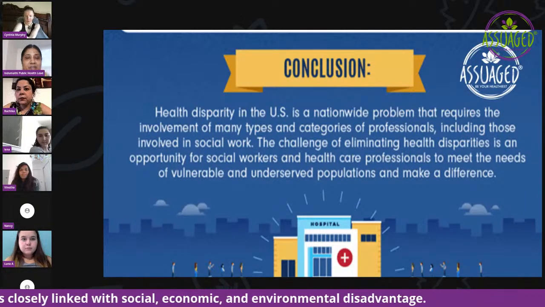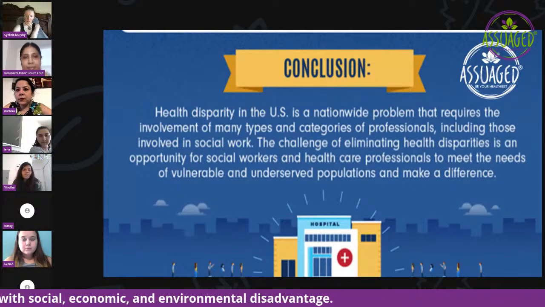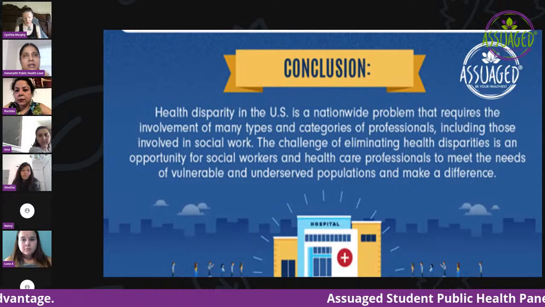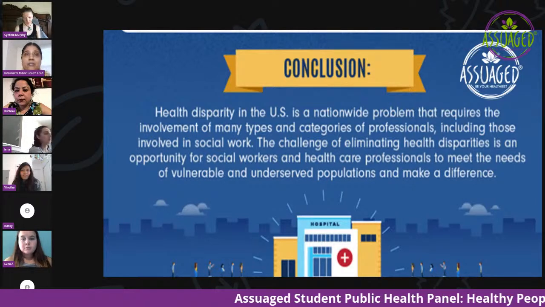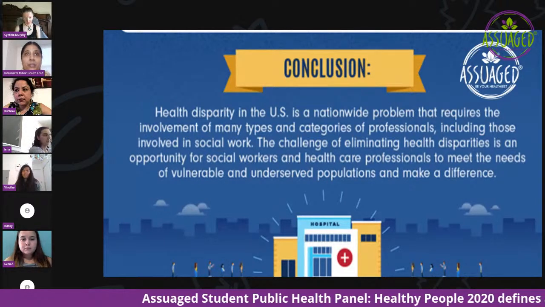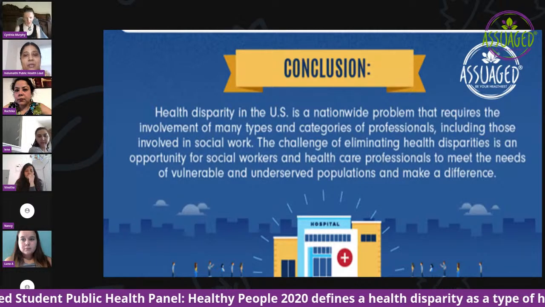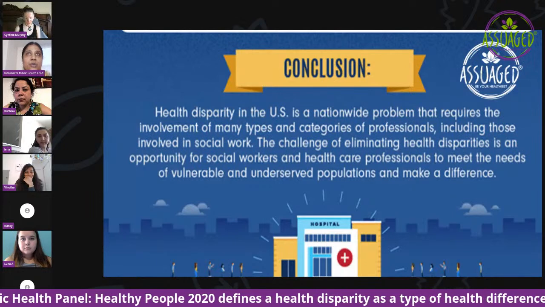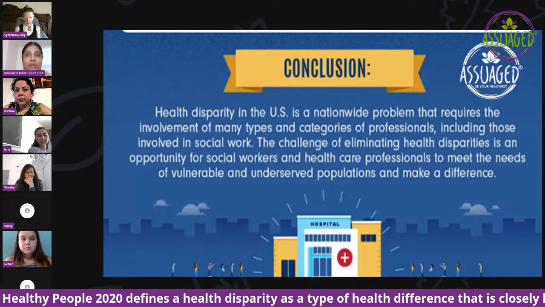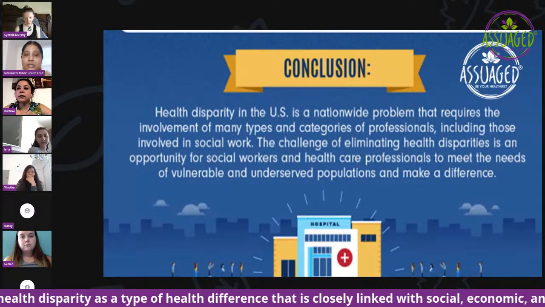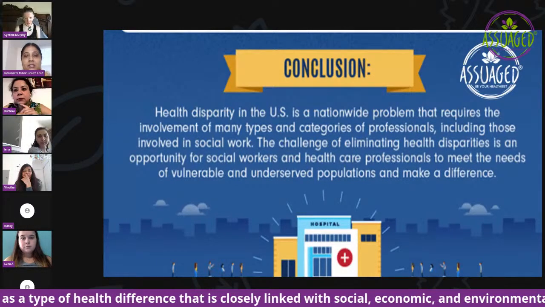So when we take health disparities, it's a nationwide problem that includes many types of professionals. It's not one single individual who can do that. A group can bring a policy and a program, and to execute there should be a network of professionals who really understand and become aware of what the problem is in society and how we do the social work to bring health for everyone.